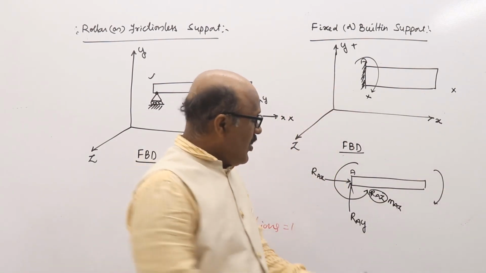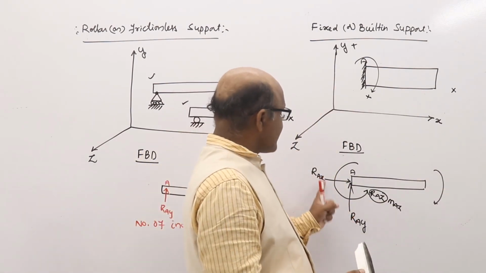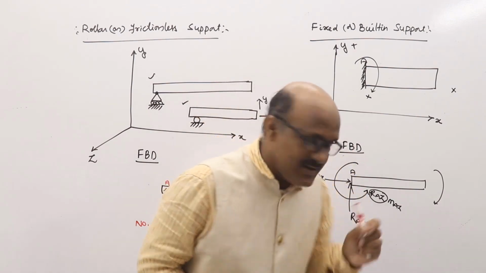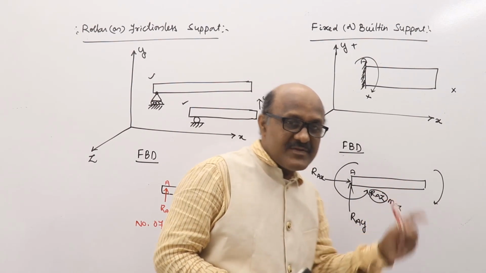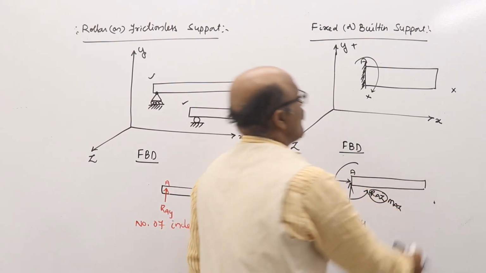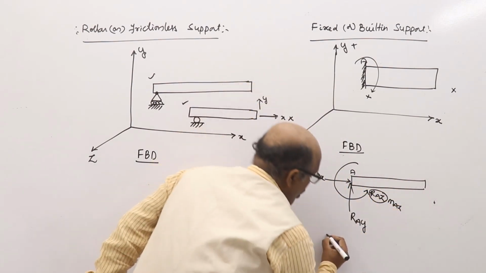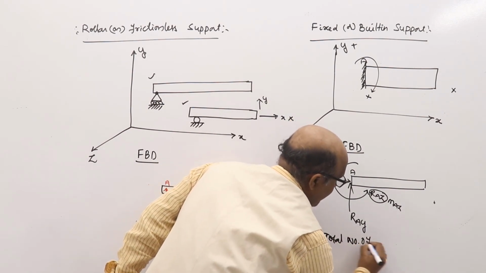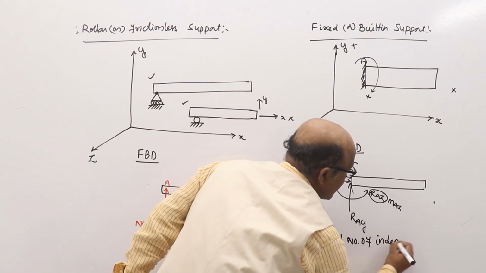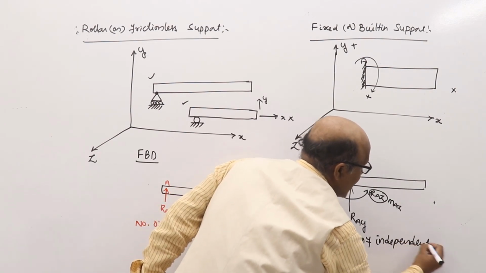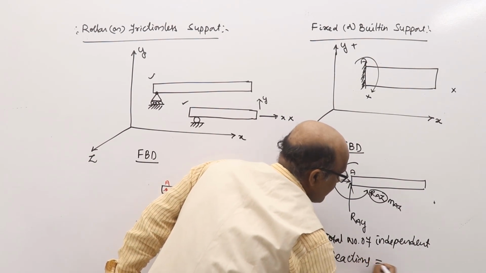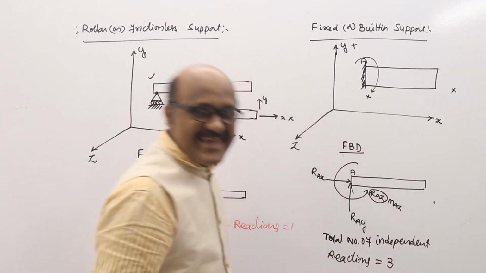So motion is prevented in the x-axis direction, one reaction. Motion is prevented in the y-axis direction, one reaction. Rotation is also prevented about the z-axis direction, so one reaction. Total number of independent reactions is equal to 3.